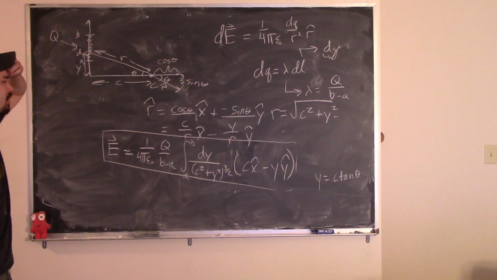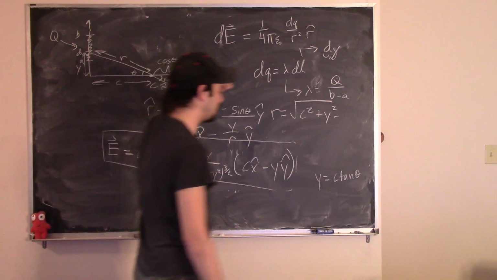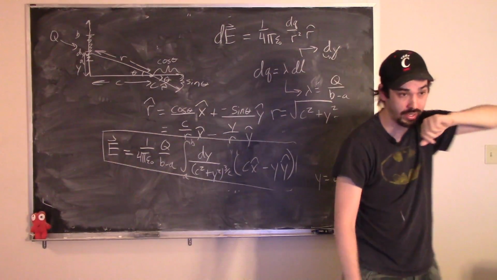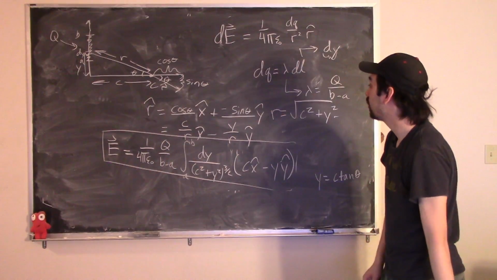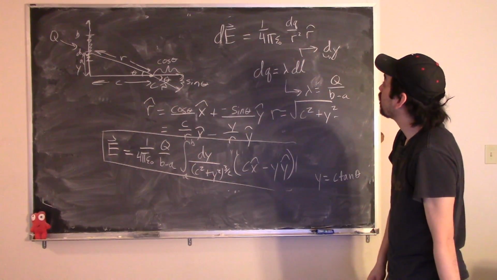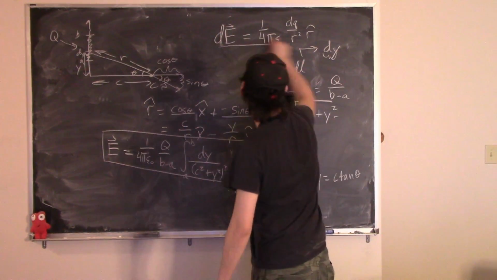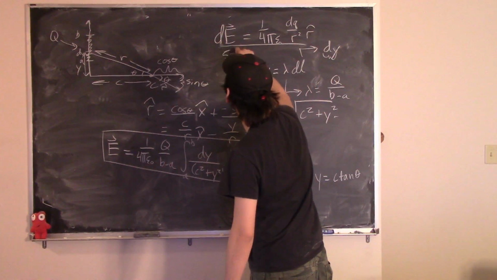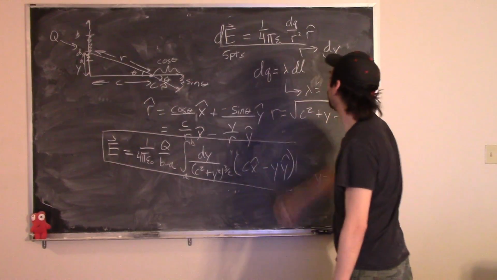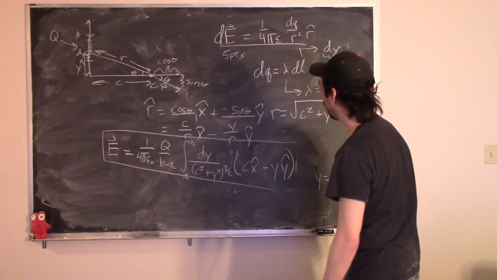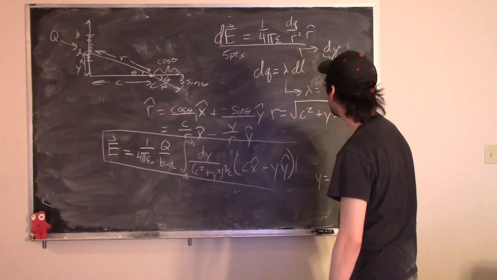And so just to give you some idea of how I would grade this, if these would be like 25-point problems, I would say probably 5 points for writing down this. How many do I have left? I have 20 points.